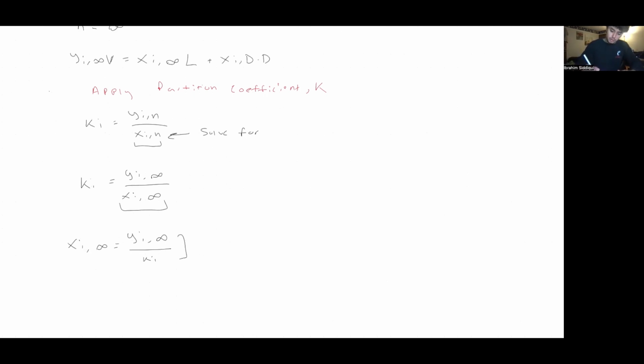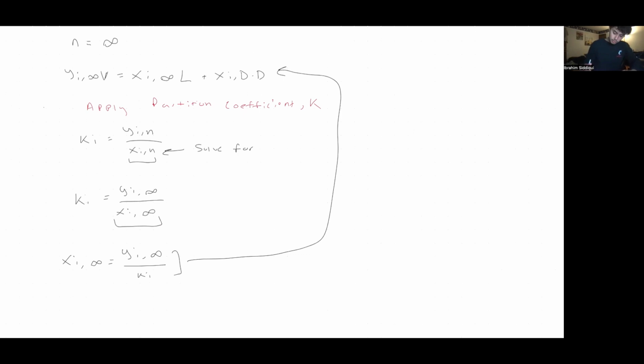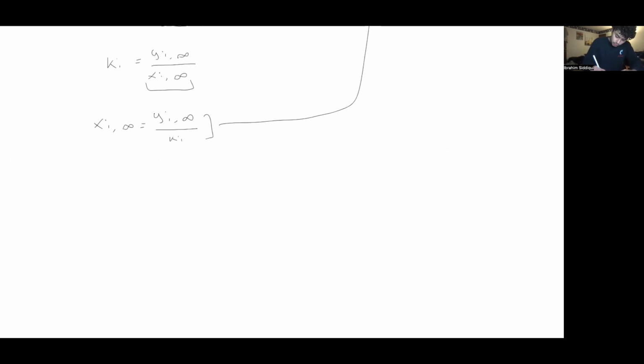So doing that, what we get is our vapor composition at infinity multiplied by our vapor flow equal to our vapor composition at infinity over our partition coefficient times our liquid flow. Let me go ahead and make my fonts bigger. Okay. Times our liquid flow. Oh, this is much better. Plus our recovery of our distillate.